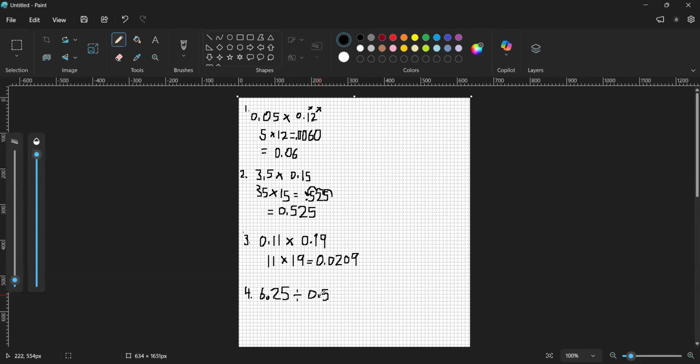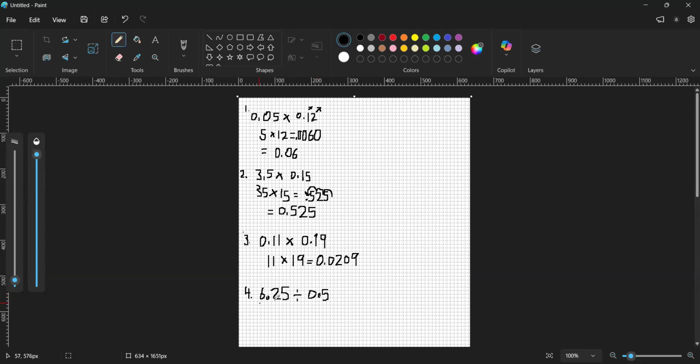Okay, so I just want to start with this one that looks pretty straightforward. 6.25 divided by 0.5. Now, for division, something that we need to do is establish what number is the numerator and what is the denominator.